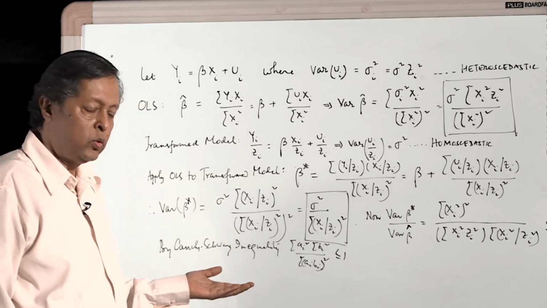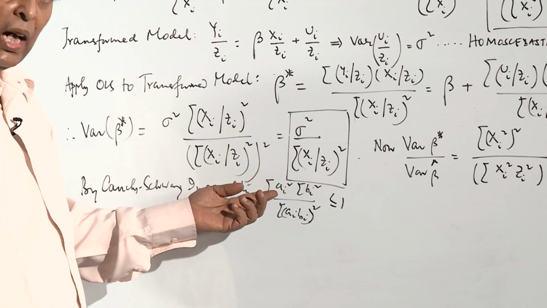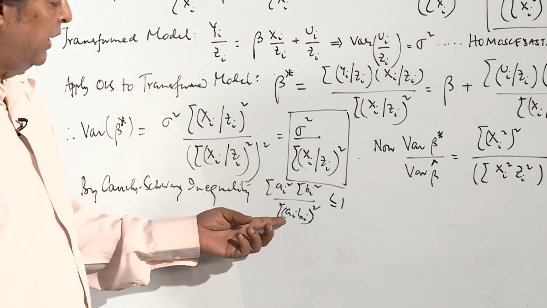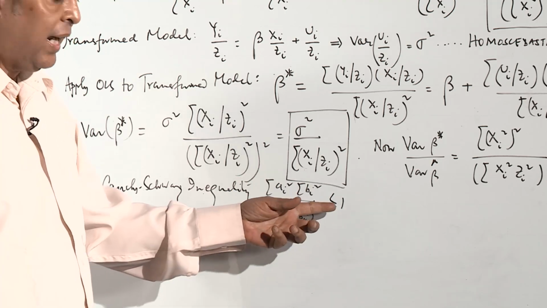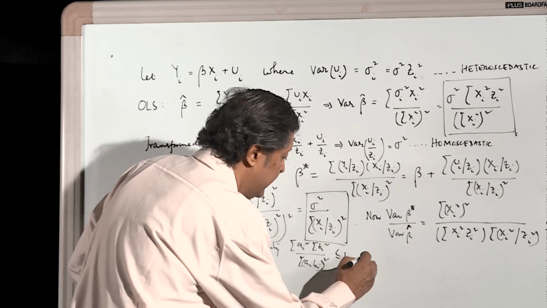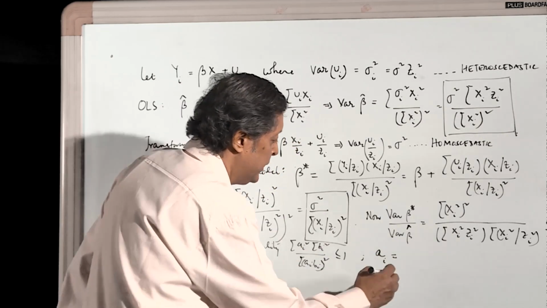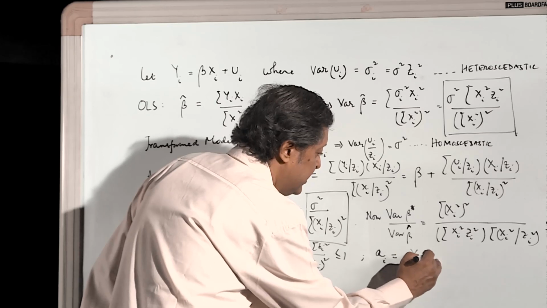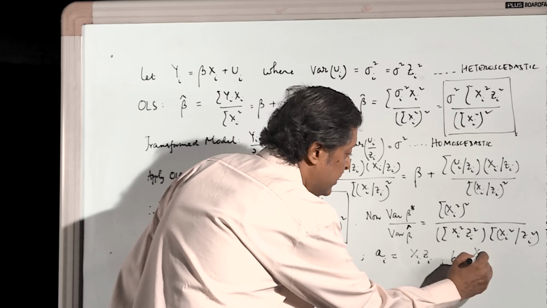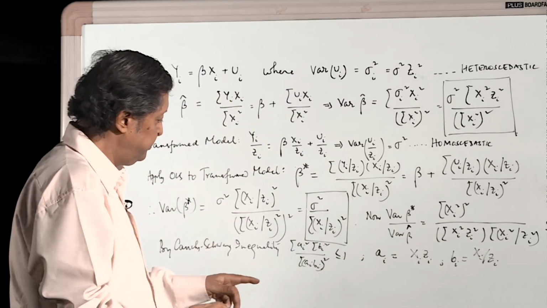What does the Cauchy-Schwarz inequality tell us? Summation ai bi whole square divided by summation ai square times summation bi square has to be less than or equal to 1, where you will have noted that in our expression you can take ai as xi zi and bi as xi divided by zi.